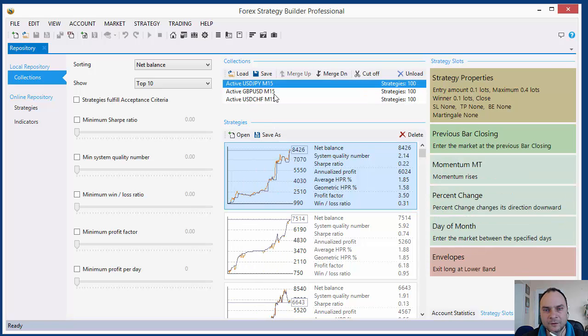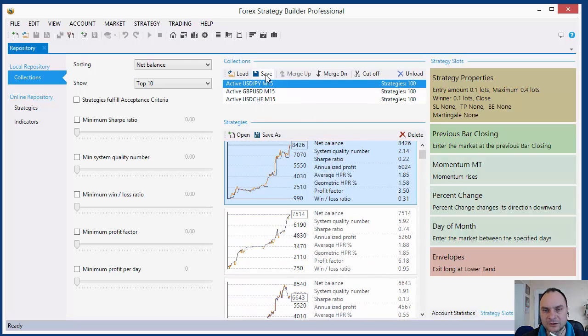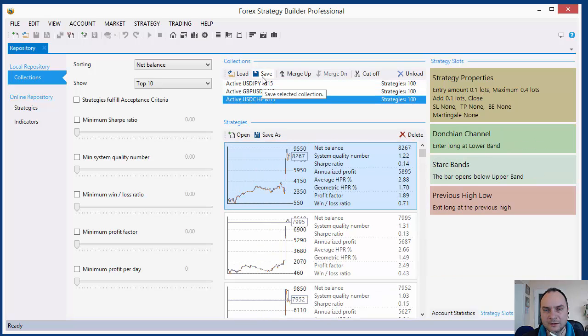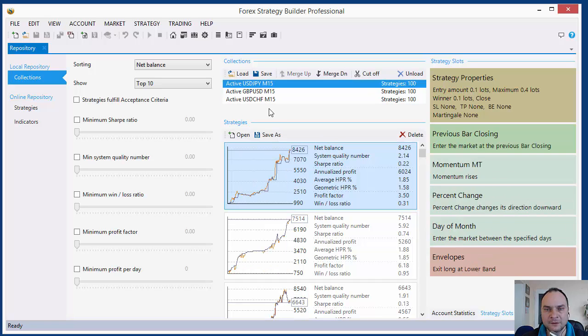First, to be sure I'm not going to lose the strategies, I will save the collections. Why that? When I'm saving the collections, they are saved in a strategy folder of the program.